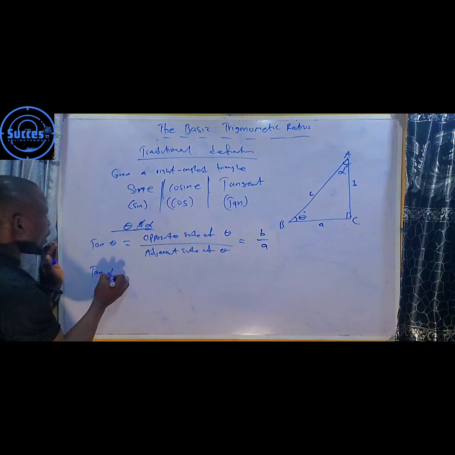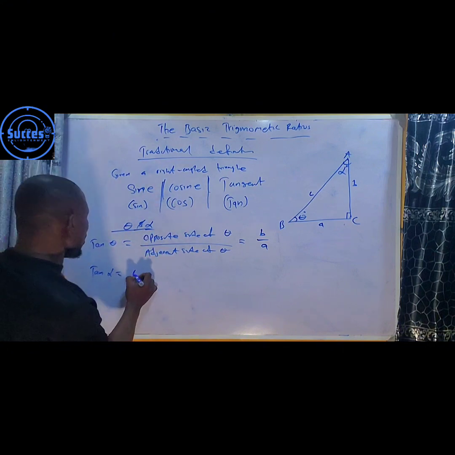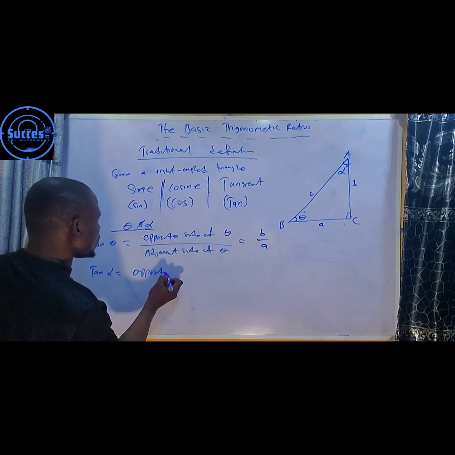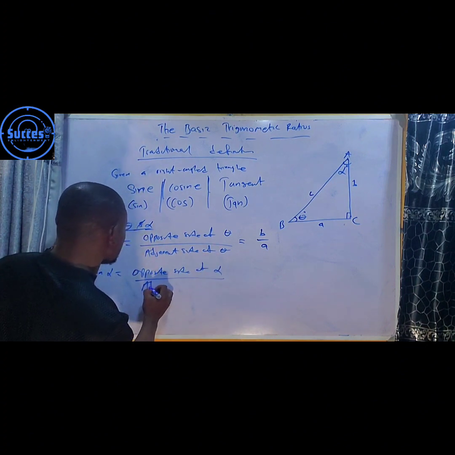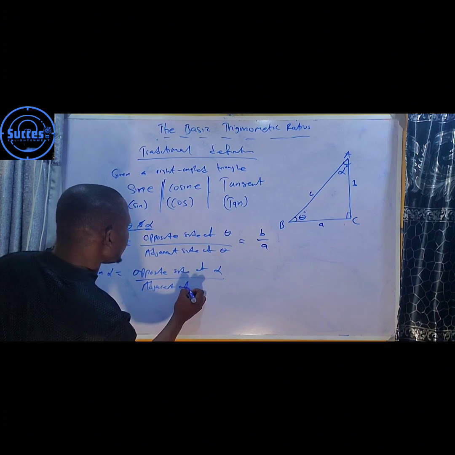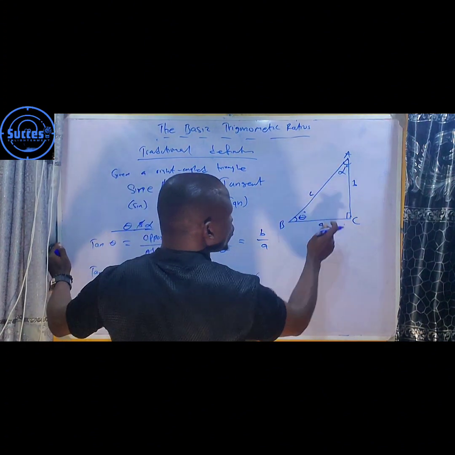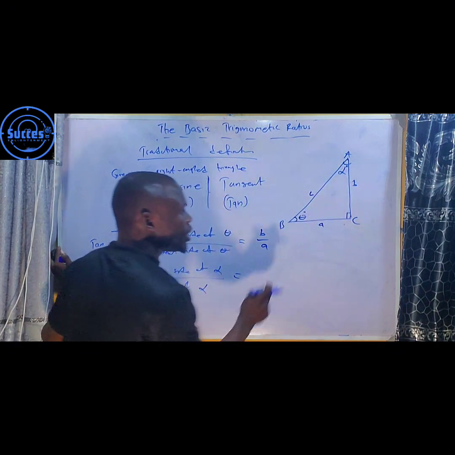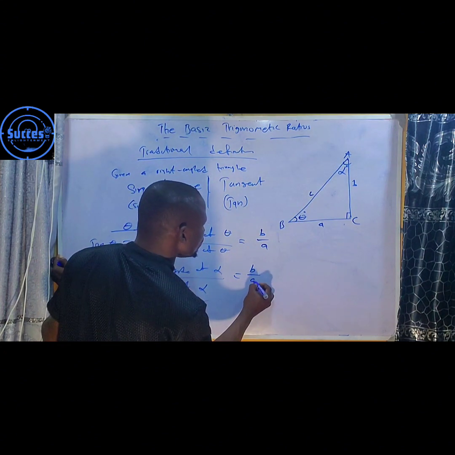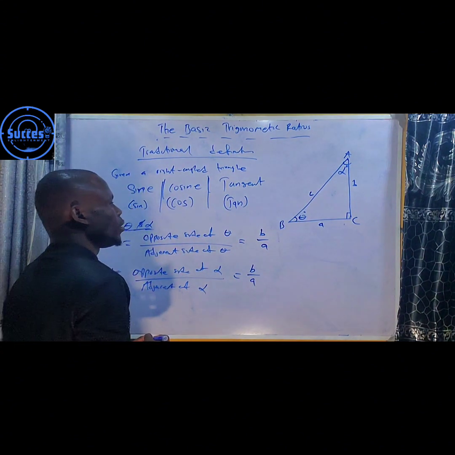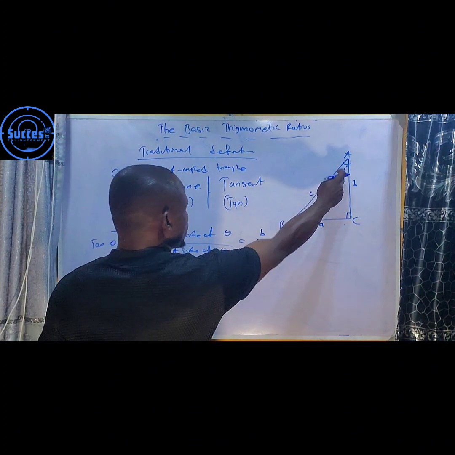Now if you are dealing with tan alpha, the definition is the opposite side of alpha all over the adjacent of alpha. For this alpha, the opposite is a, while the adjacent is b.